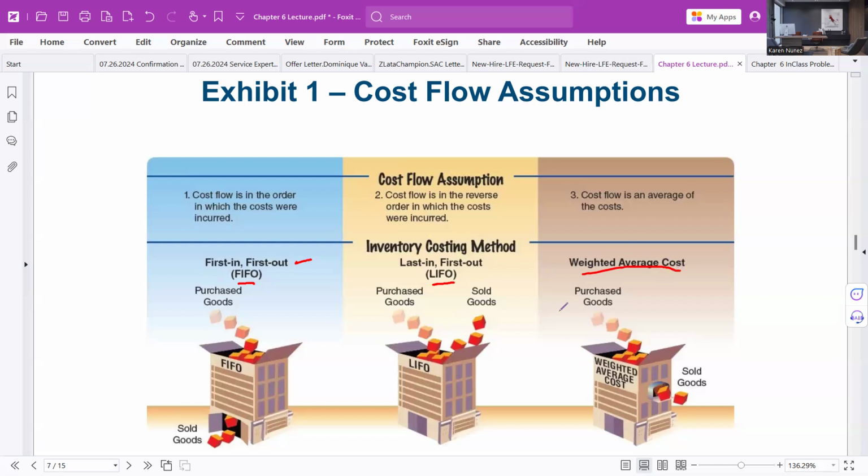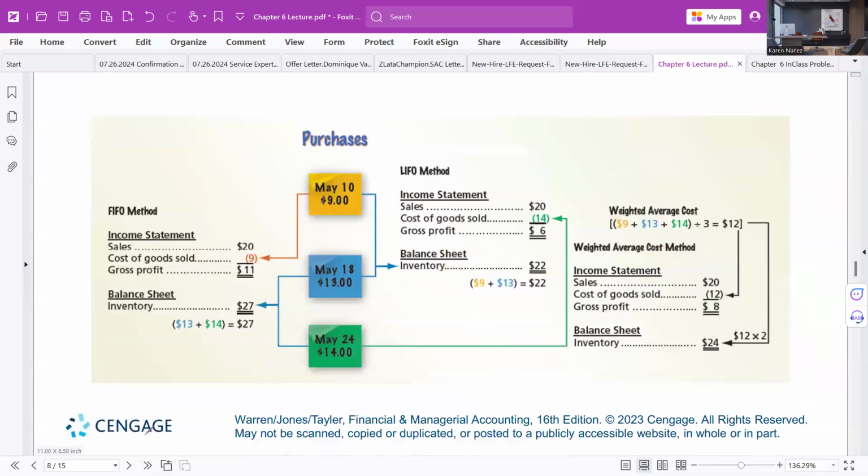Now let's look quickly at an example. In this example, continuing with the three units, we've purchased 3 units. May 10th, 1 unit for $9. May 18th, 1 unit for $13. May 24th, 1 unit at $14.